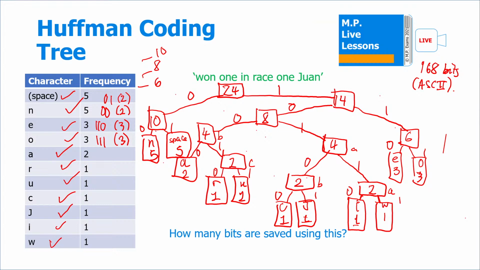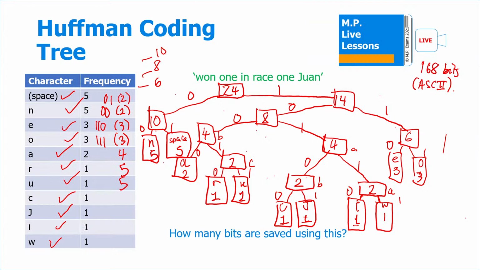To get character A, you go to the right, 1, left, 0, left again, 0, then left. So 1, 2, 3, 4, that's 4 bits. To get the character R, you'll need 5 bits.